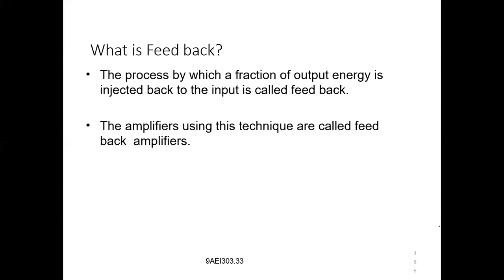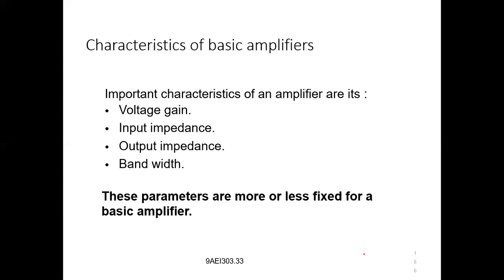The process by which a fraction of output energy is injected back to the input is called feedback. The amplifiers using this technique are called feedback amplifiers. So what are the characteristics of basic amplifiers?